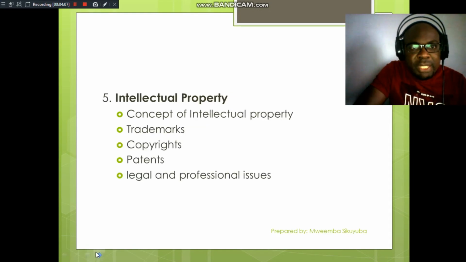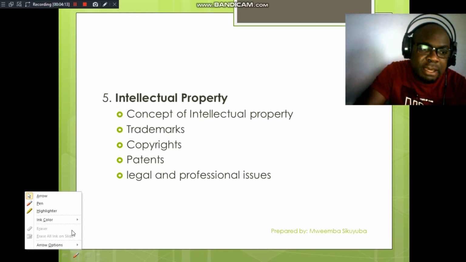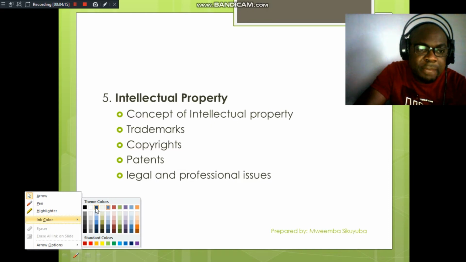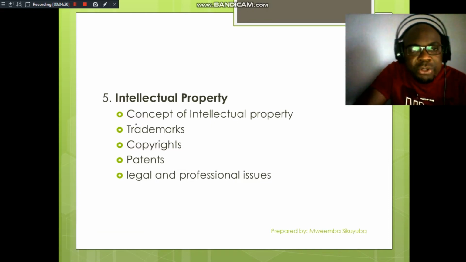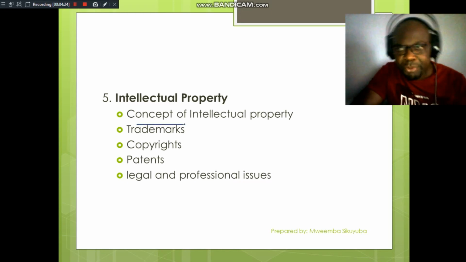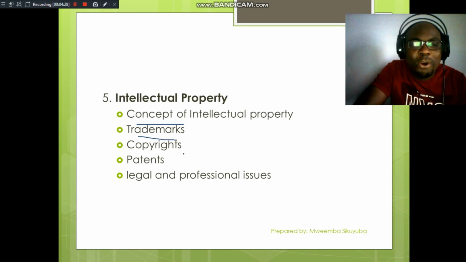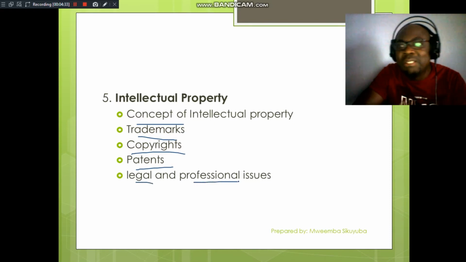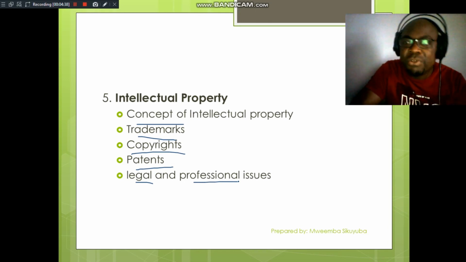We are also going to look at intellectual property, a very important and vital component of our study. Under computer intellectual property, we are going to look at the concept itself, and issues to do with trademarks, copyright, patents, and legal and professional issues that you the learners are supposed to have.